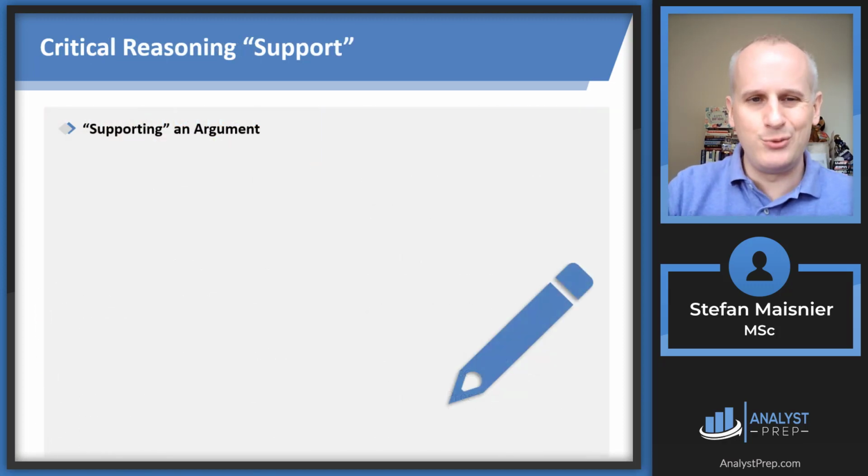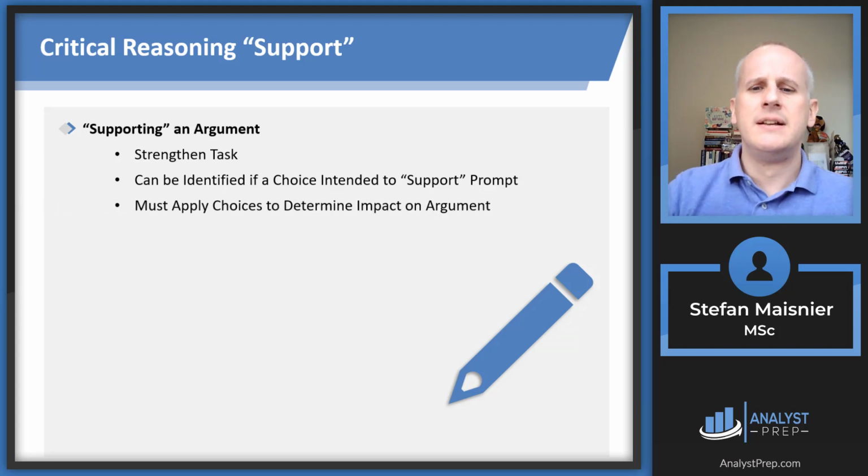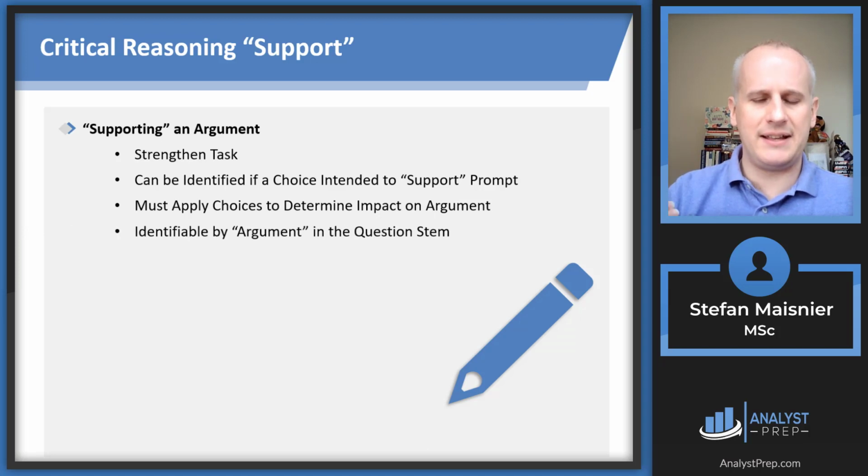So there are 2 types of critical reasoning support that you'll encounter. The first is supporting an argument. So this is just a strengthen task. And this can be identified if one of the choices is intended to quote unquote support the prompt. You're going to have to apply the choices to determine the impact on the argument, and often the support implication is identifiable by the term argument in the question stem.